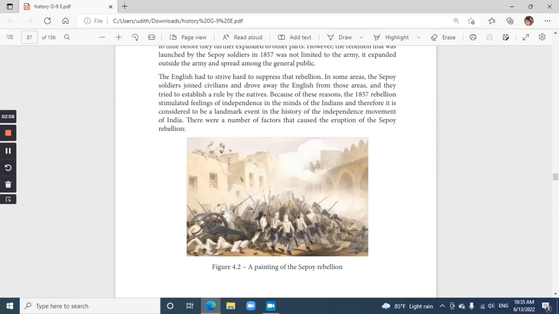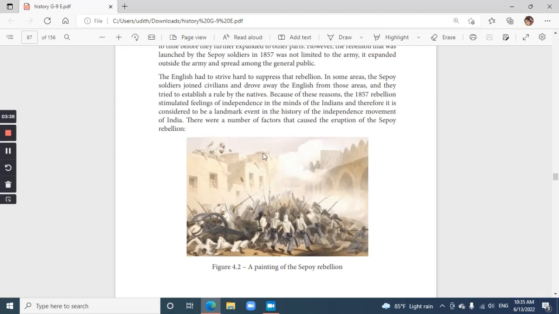In some areas, the Sepoy soldiers joined with the normal people and were able to drive the English away and establish independent rule in that area. Because of these reasons, the 1857 rebellion was a landmark event in the history of the independence movement of India.